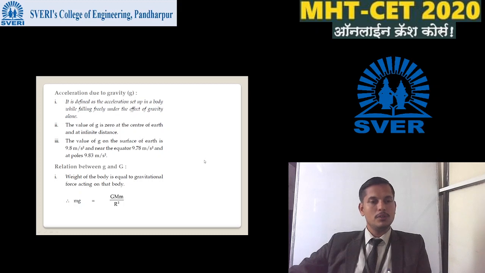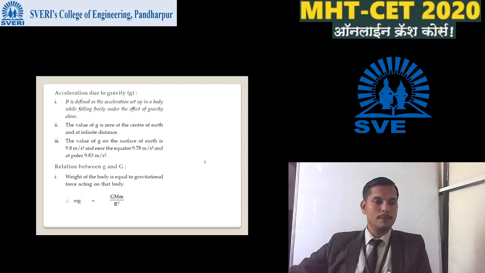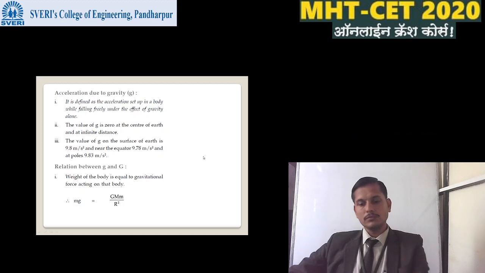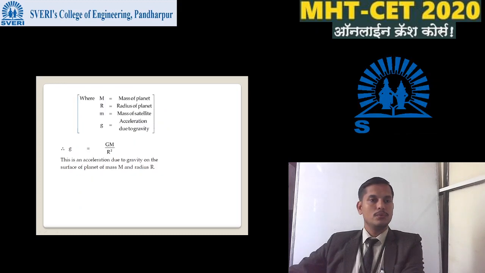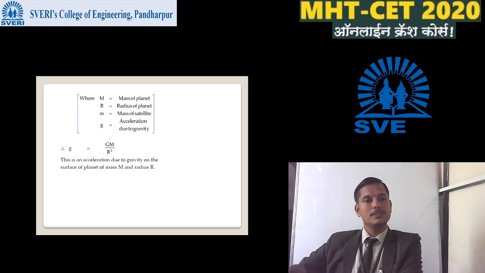Looking at the relation between small g and capital G, the weight of the body is equal to the gravitational force acting on that body, that is mg is equal to GMm upon r square. Here capital M is the mass of the planet, capital R is the radius of the planet, small m is the mass of the satellite, and g is the acceleration due to gravity.